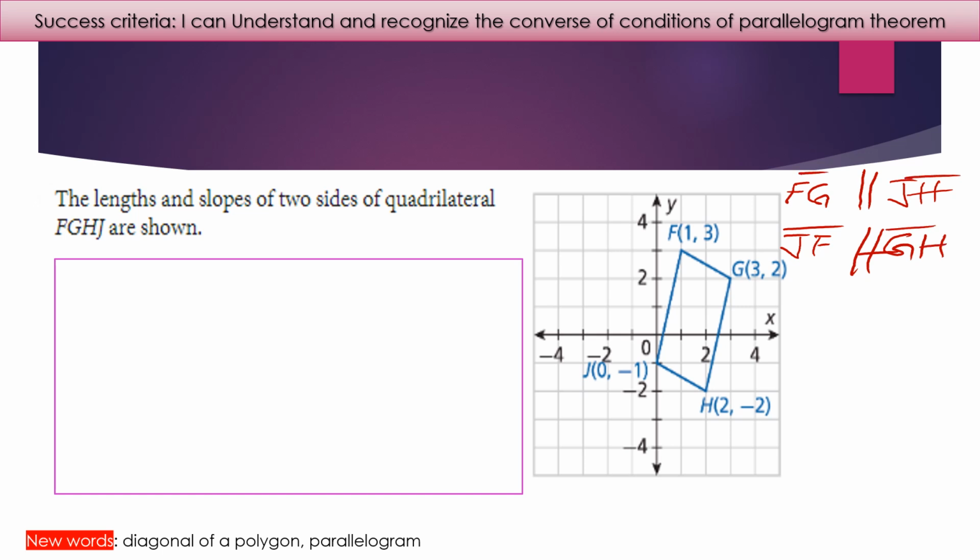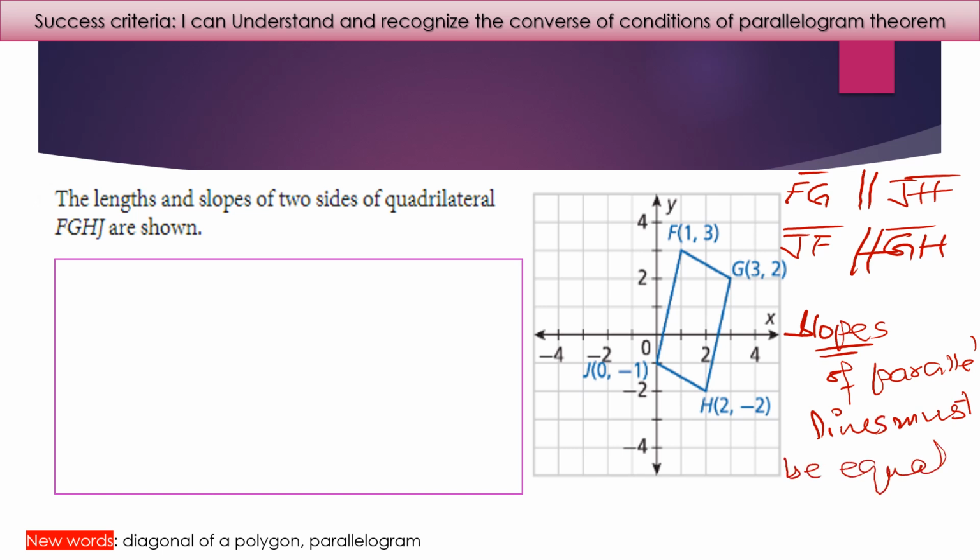I have to find the slopes of these lines. Why? Because I know that the slopes of parallel lines are equal to each other. Parallel lines must be equal. So at this stage, I have to find the slopes of these lines.